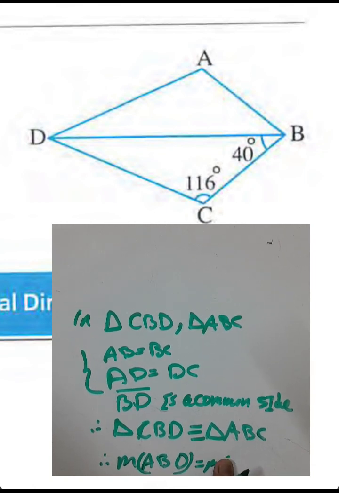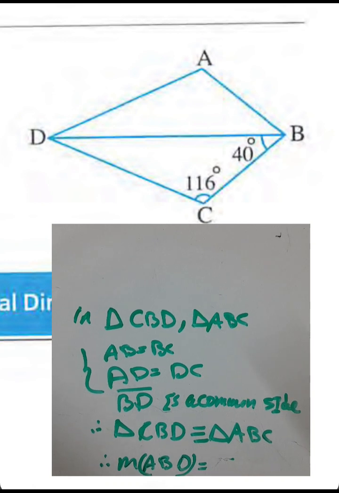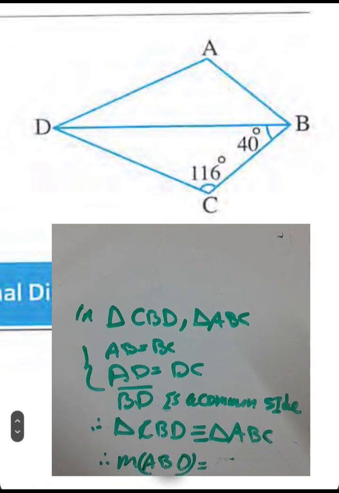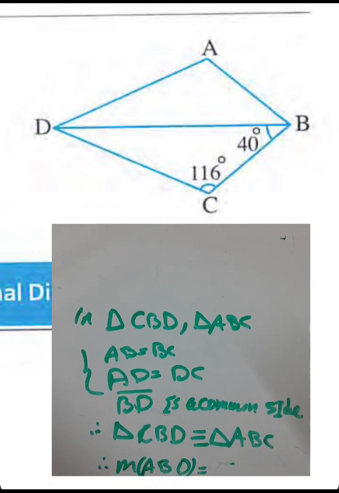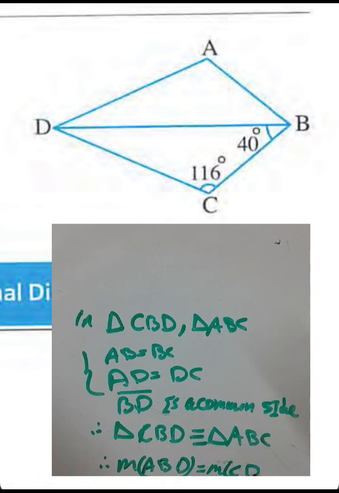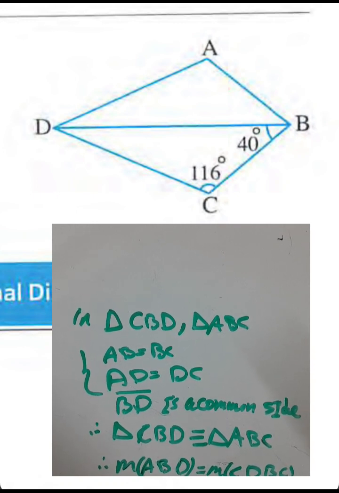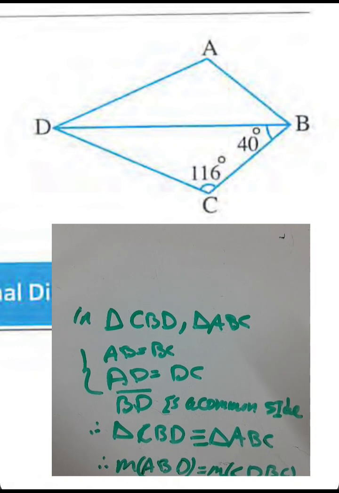Look here, angle ABD equals 40, and the measure of angle DBC equals what? 40 degrees. Okay.